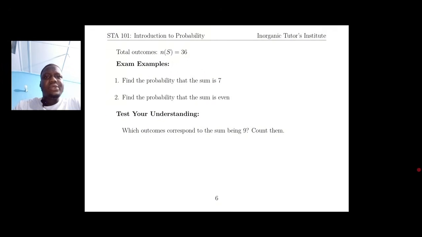I would want us to proceed and revisit this example or this particular slide after talking about events. Yes, this example will be best solved after understanding what we mean by events in probability. So let's go to the next slide and see what we have there, then come back to this later on.